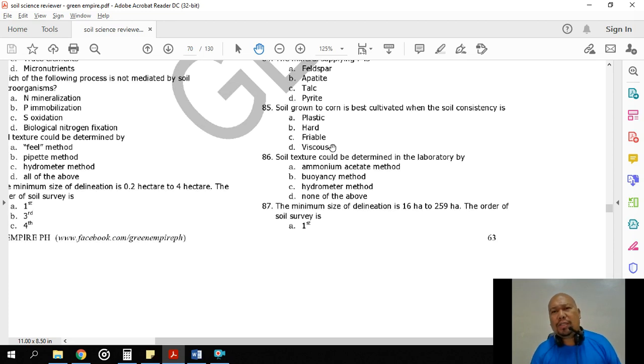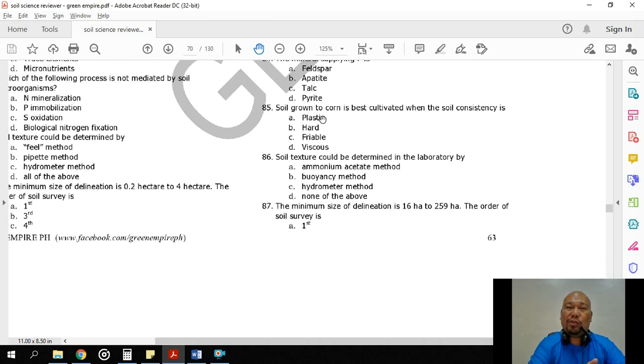So water is less viscous compared to oil. And then friable is crumbly, hard is firm, plastic is the tendency to return to its original shape. Okay, I think we covered this one also before. Hard is resistance to the change in form.